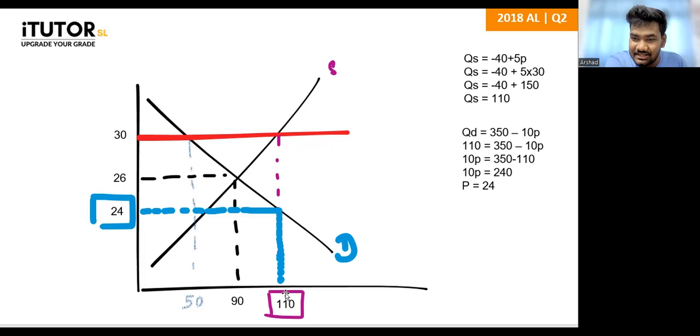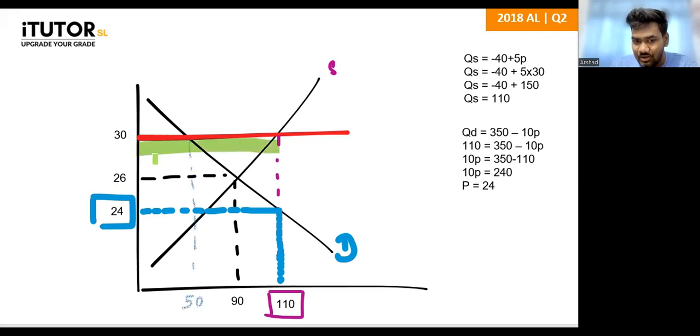So what happens? The farmer goes and sells his entire 110 kilos at 24 rupees to the consumer, and he gets the remaining 6 rupees from the government. So what is the government's total expenditure then? Government's total expenditure is they have to pay this 6 rupees, right? This 6 rupees into 110 units, right?